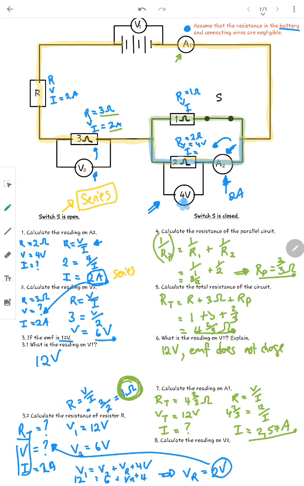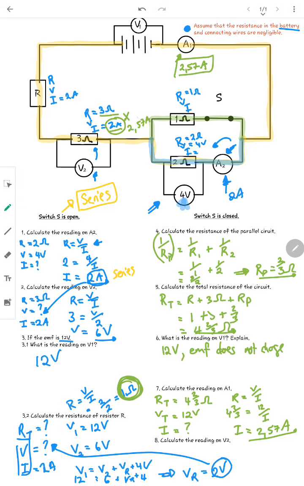We calculated the series resistance to be 2.57 ampere, which means that the value that we have here is null and void because that is the value for a series circuit, if you are following yellow only when switch S is open. When switch S is closed, we are now dealing with a different current value. Current will change. And so the new value here is going to be 2.57.